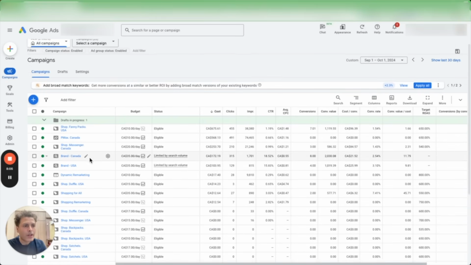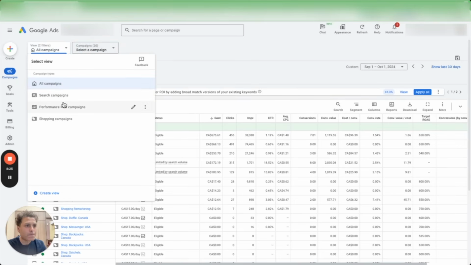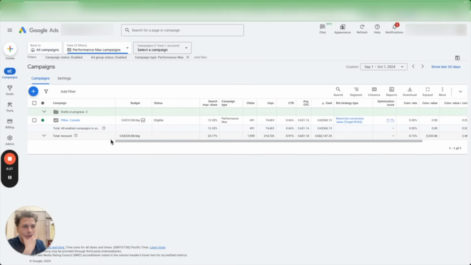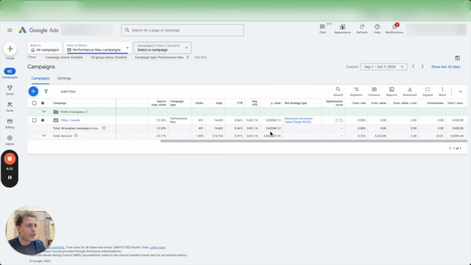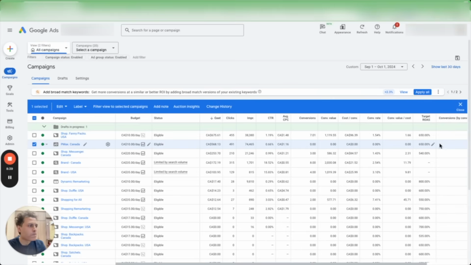You'll see over here we have just a couple of Performance Max campaigns that target Canada with all those products that he has. It's like a catch-all campaign with a very high target ROAS. We're running just one Performance Max with a $10 budget, and I have set a target ROAS for this campaign, I think it's 650.